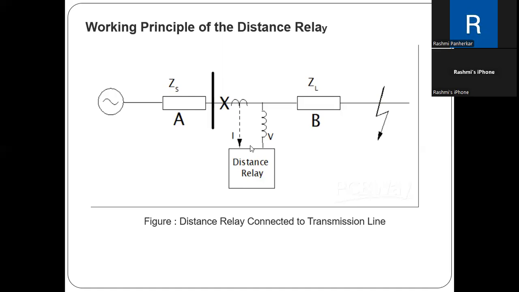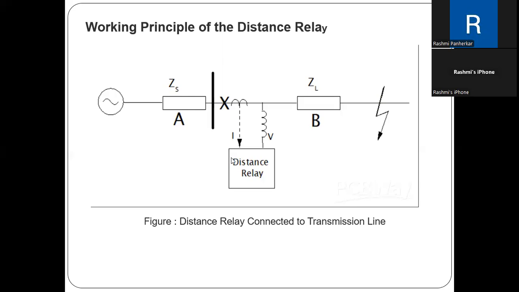So the line current is inversely proportional to the line impedance. The relay will start operating under this condition because the line impedance decreases to a value below the predetermined impedance.